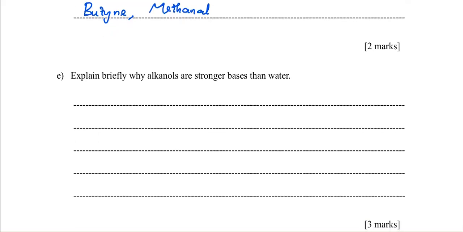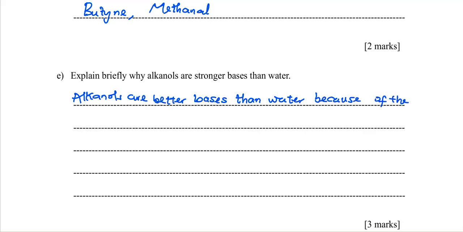Explain briefly why alkanols have stronger bases than water. Alkanols are better bases than water because of the presence of alkyl group, which is electron releasing.